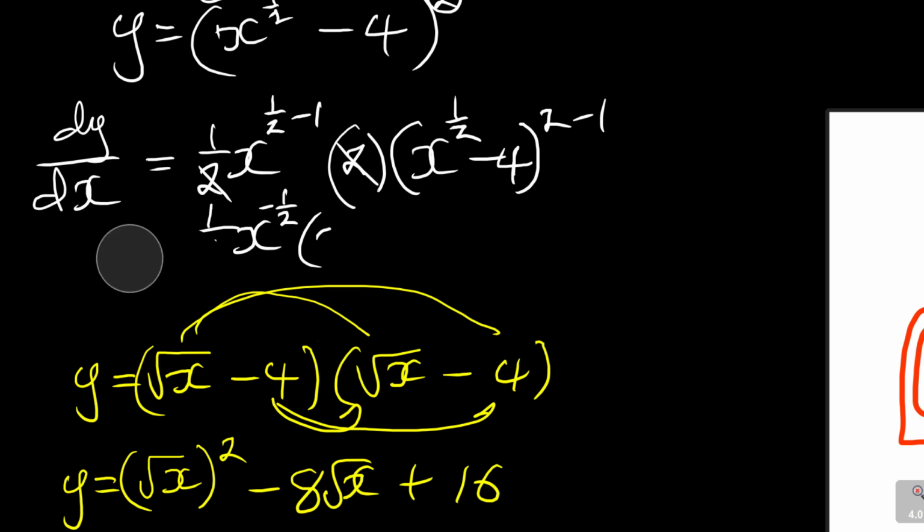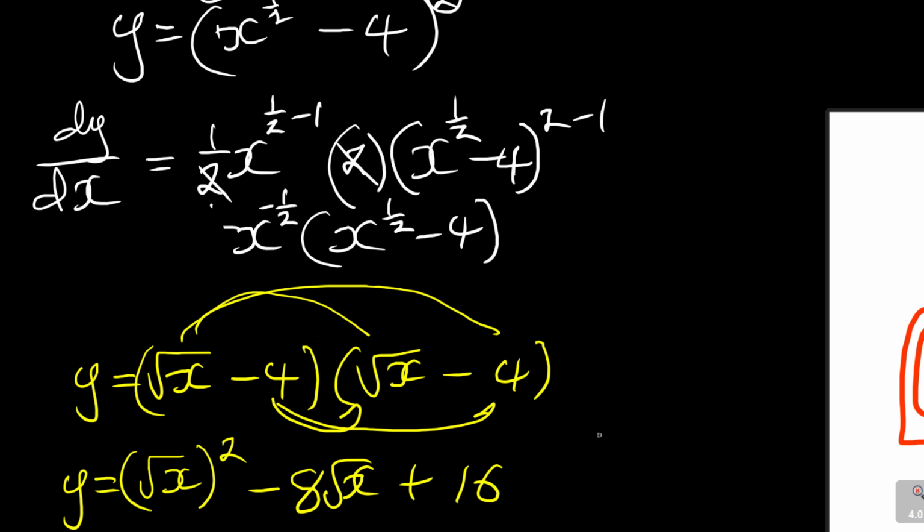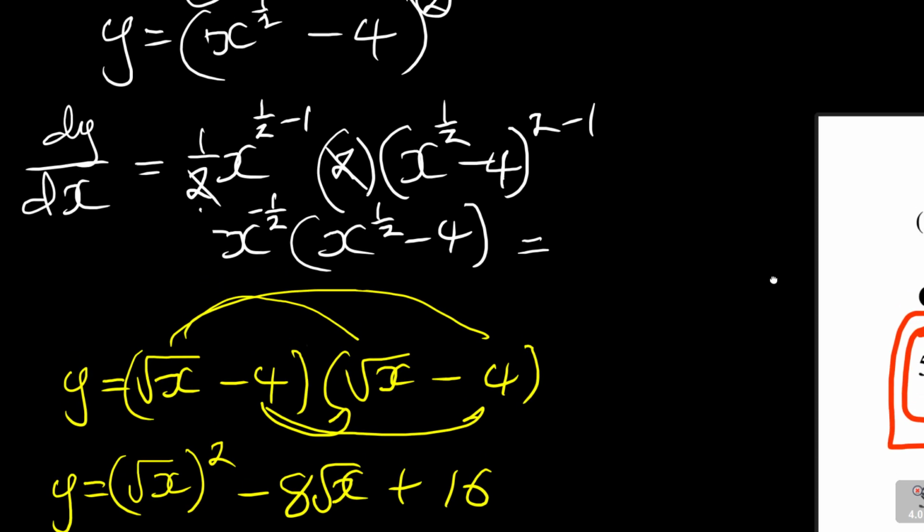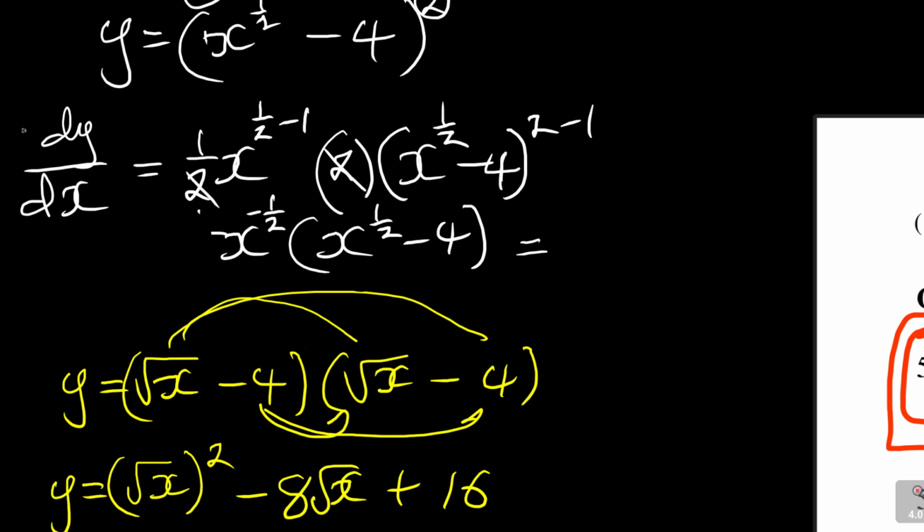So let me just leave it out there. Are you with me? So that was just x, right? This 2 will cancel that other 2, so those can go. And in the bracket, I have got x to the 1 over 2 minus 4, because 2 minus 1 remains as 2 minus 1. And then how do we simplify this further?